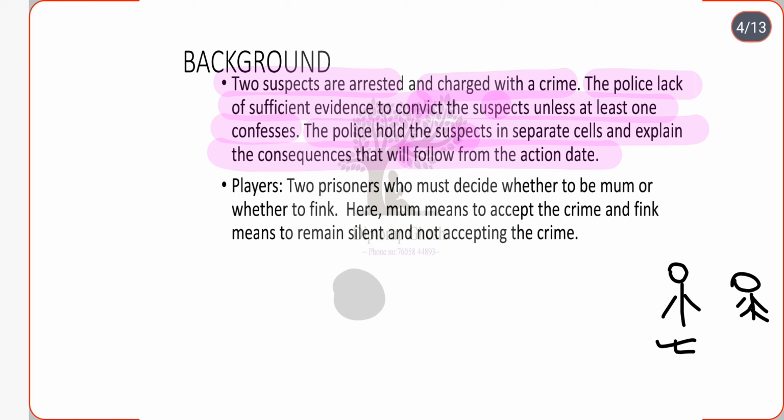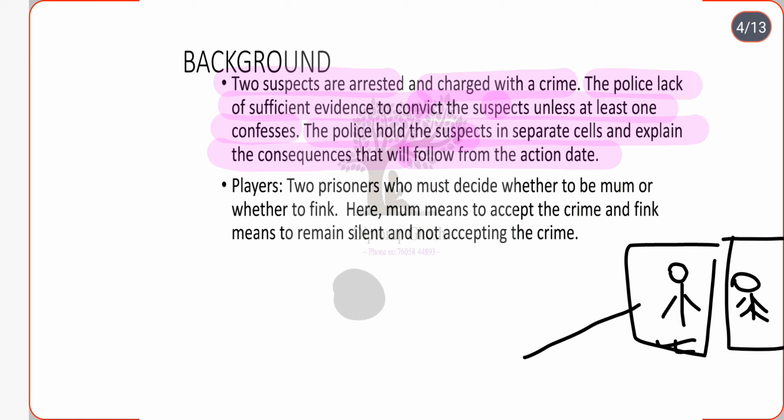Otherwise it will not be possible for the police to give them imprisonment. Both prisoners are kept in separate cells, and the police go to each of the prisoners and explain the consequences of what they will do.